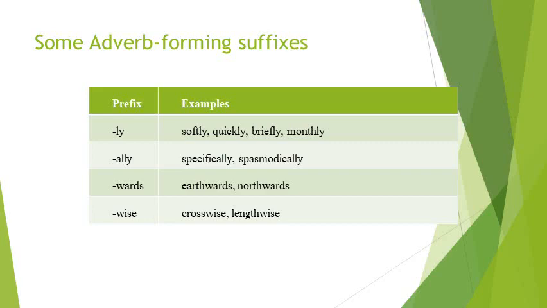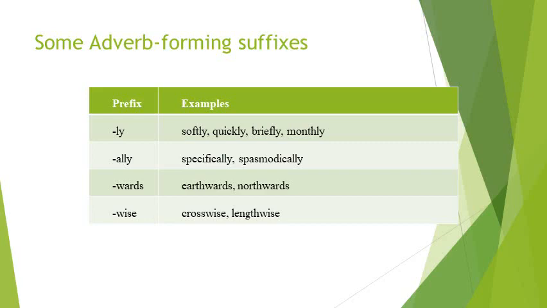Ally, okay? Take the word specific. If you add ally to it, you generate specifically, and then spasmodic. If you add ally to it, you generate the adverb spasmodically. Take the case of the suffix wards. If you add it to earth, you generate earthwards.